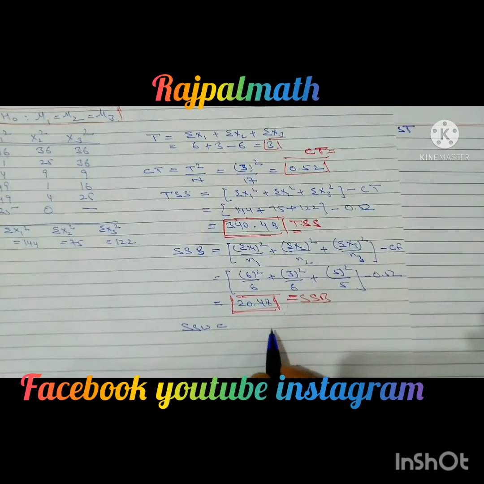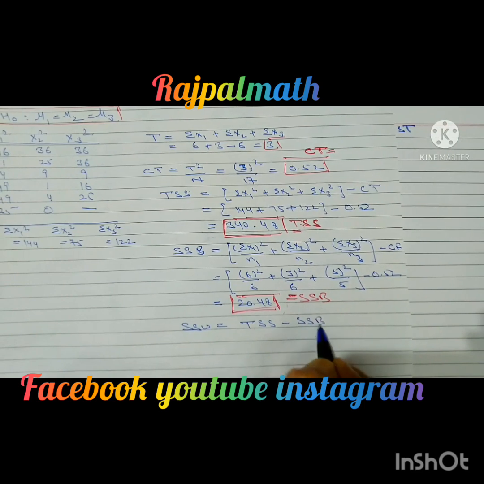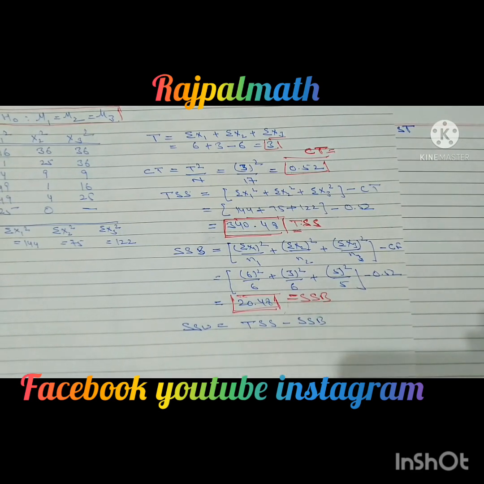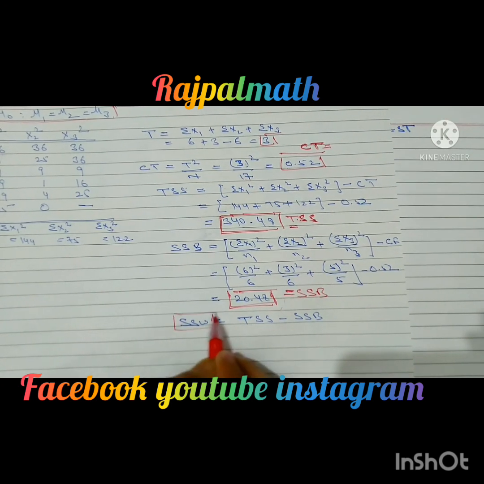SSW is TSS minus SSB, the sum of squares within samples.